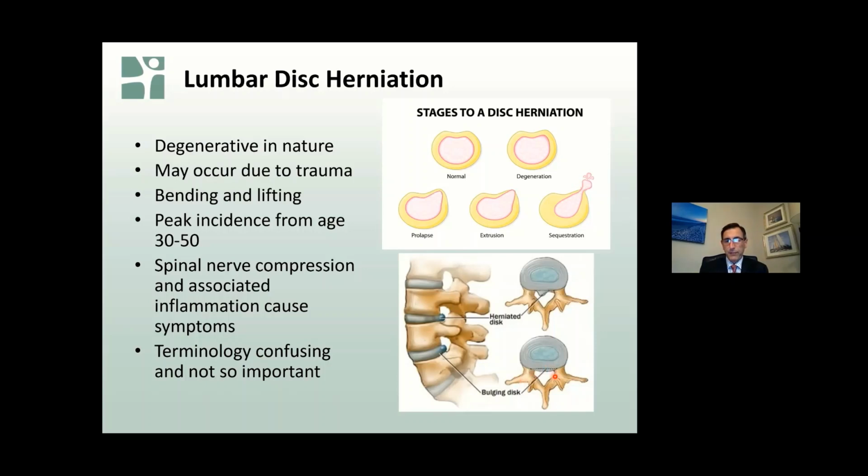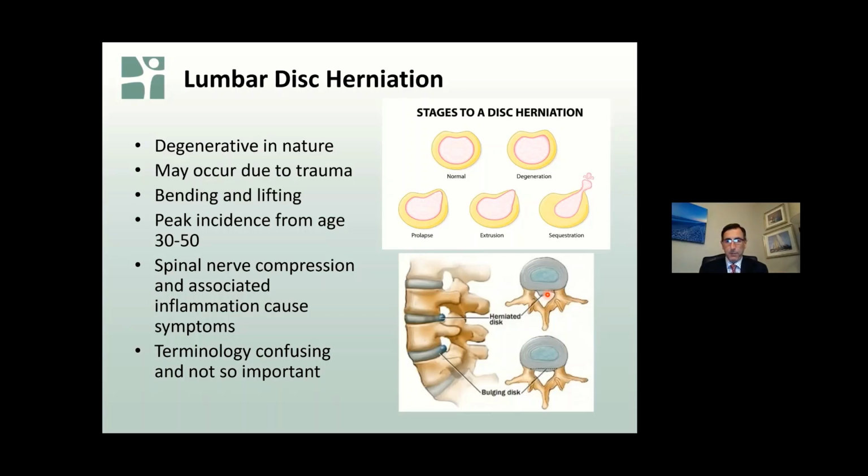A bulging disc is generally, to a spine surgeon, a disc which is sticking out a little bit towards the nerves, but not really pushing on the nerves. A herniated disc is usually a more significant protrusion of the disc where it's more likely to be pushing on the nerves.